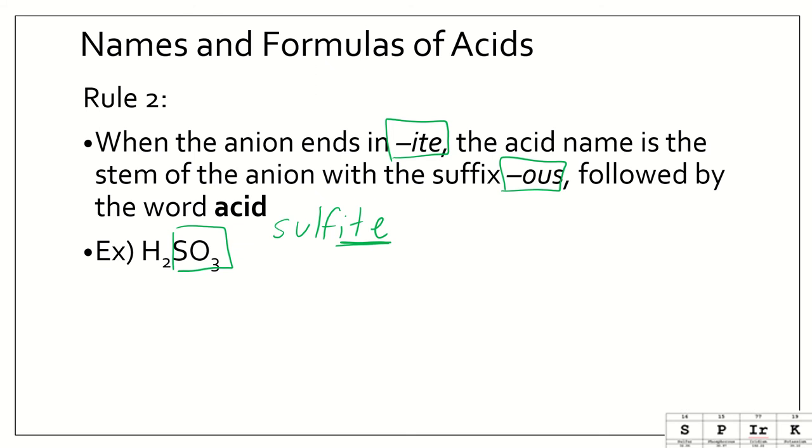Since it's sulfite, we change the ending to OUS. It doesn't get a prefix. So, sulfurous acid. Sulfurous acid. And again, that's because the anion ends in ITE.